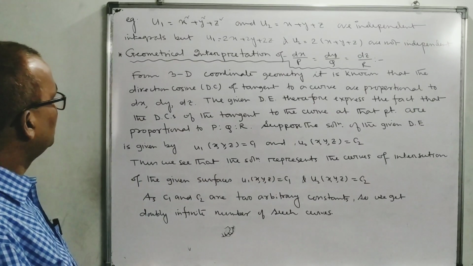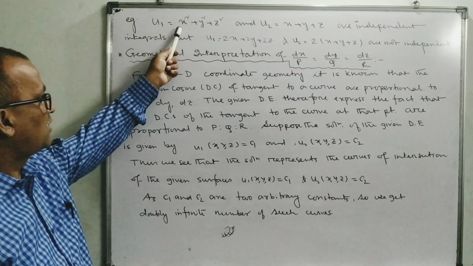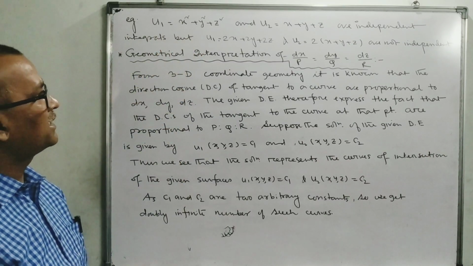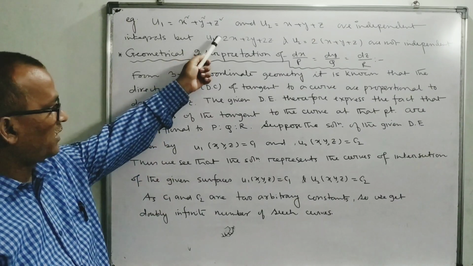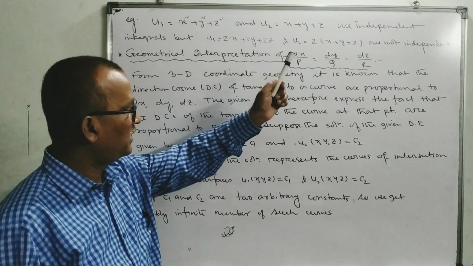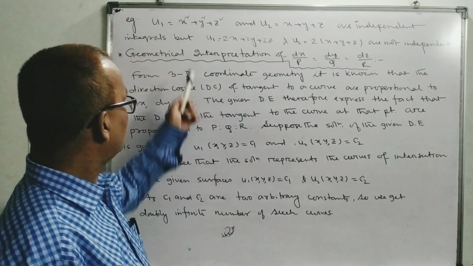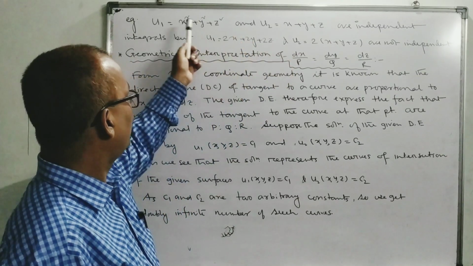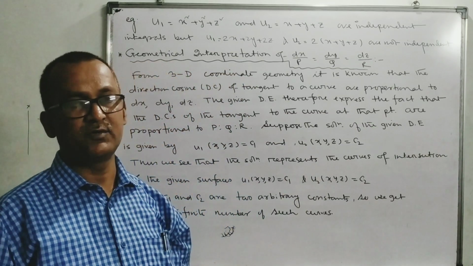For example, suppose u1 equal to x square plus y square plus z square and u2 equal to x plus y plus z; they are independent. But u1 equal to twice x plus twice y plus twice z and u2 equal to 2 into x plus y plus z are not independent. So these two are not a solution of equation number 2.